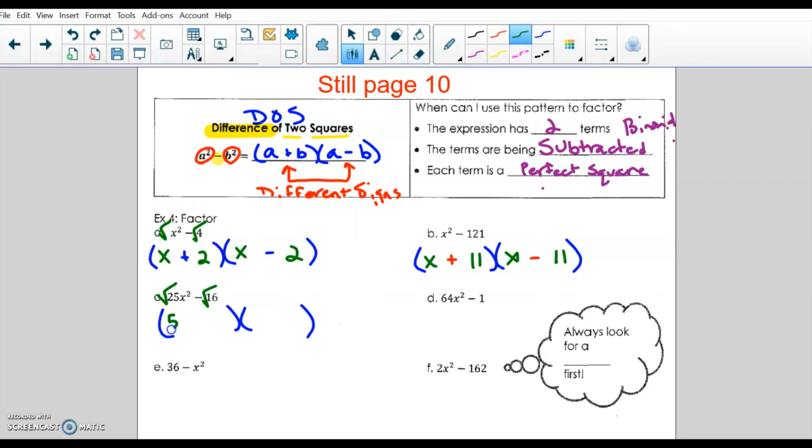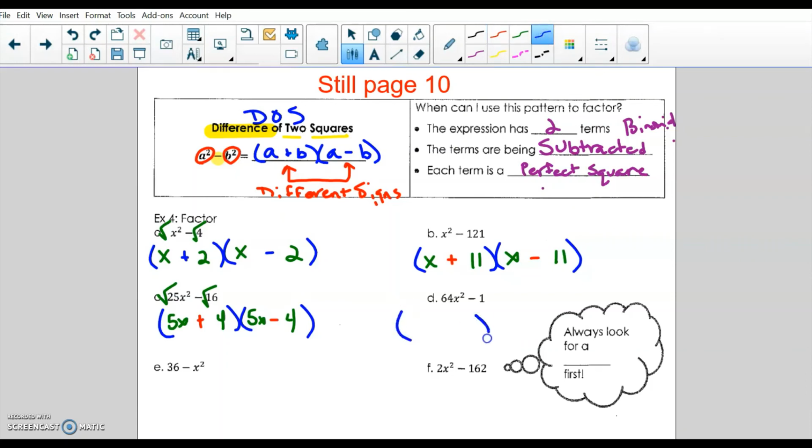So you end up with 5x, and square root of 16 is 4. Different signs, one's plus, one's minus. You're going to find that I'm going to put my plus minus in the front every time, just as a habit.